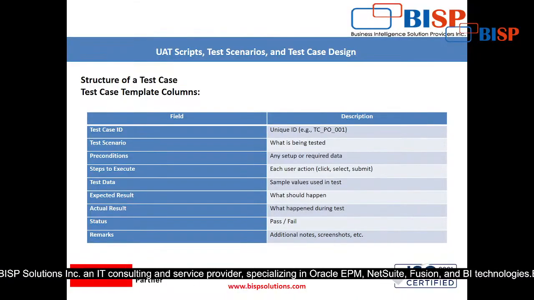Then what are the steps to execute? You have to also write down the steps of execution, and then you will get the test data. Test data is not necessary to be from the client side only. You can create any arbitrary test data randomly.